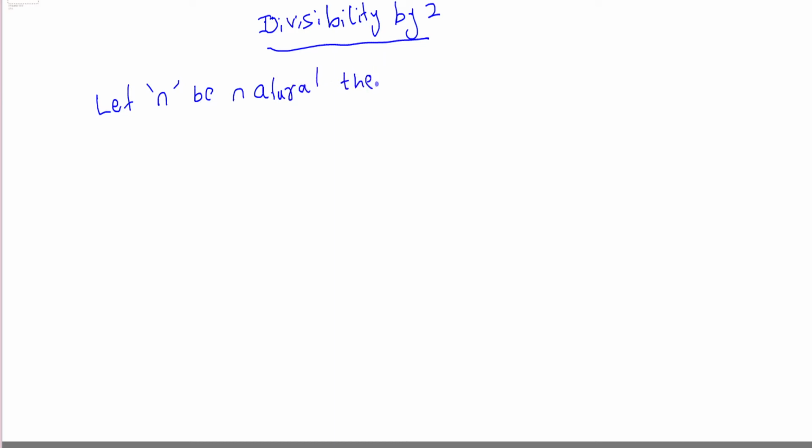We know that any natural number n can be represented in the form of 10a plus b. We studied this already.